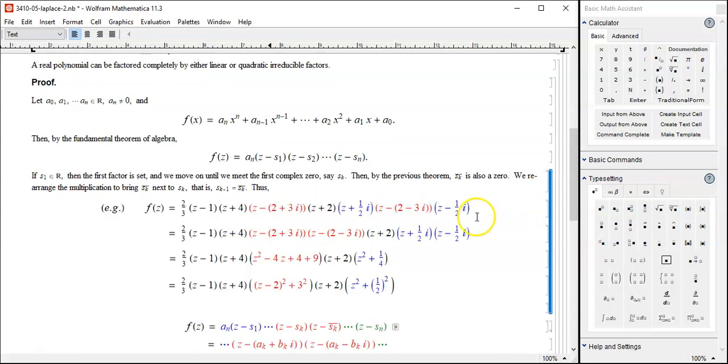I'm talking about something like this. Here's an example. We have the first complex zero here, and then down the road, there has to be its conjugate because of the previous theorem that we proved. Multiplication is commutative, so we change the order. So let's bring this one up here, and then we can just break those apart.